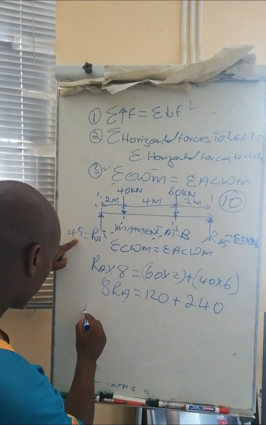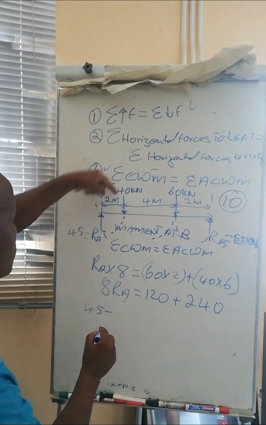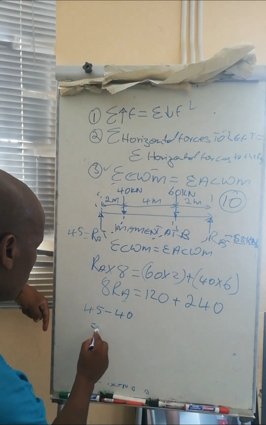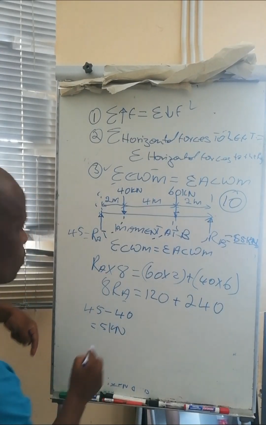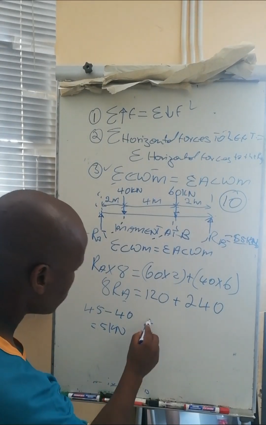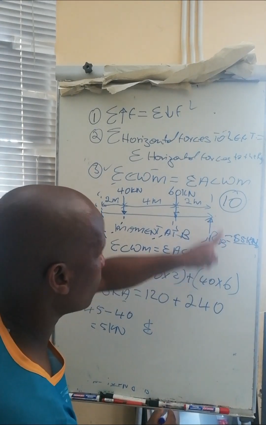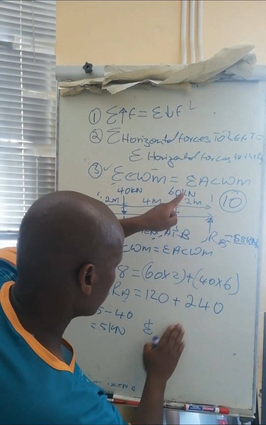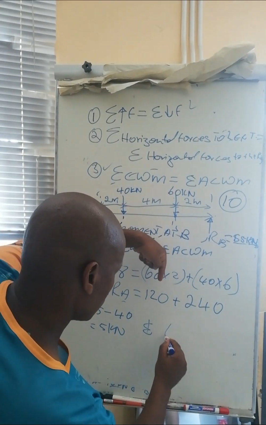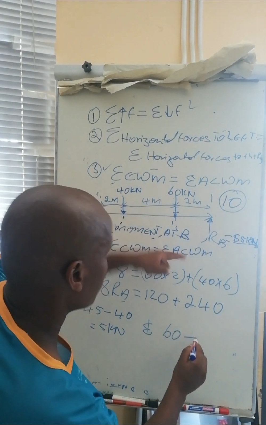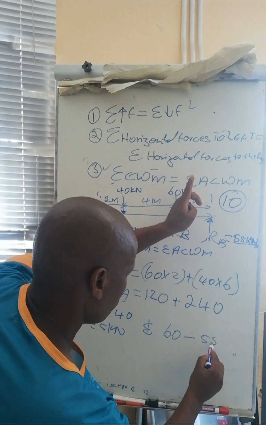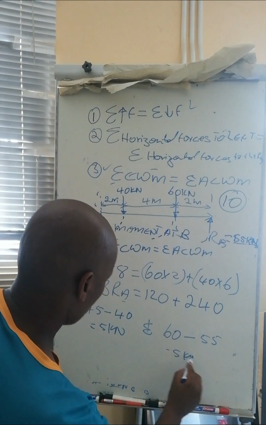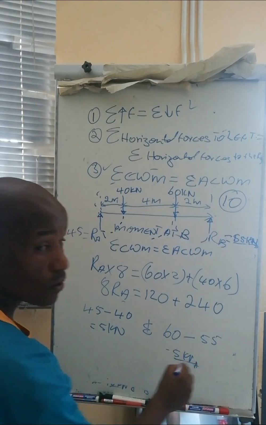This is 45 minus 40, which is equal to 5 kilonewton. And this one is 60 minus the upward force of 55, which is equal to 5 kilonewton.